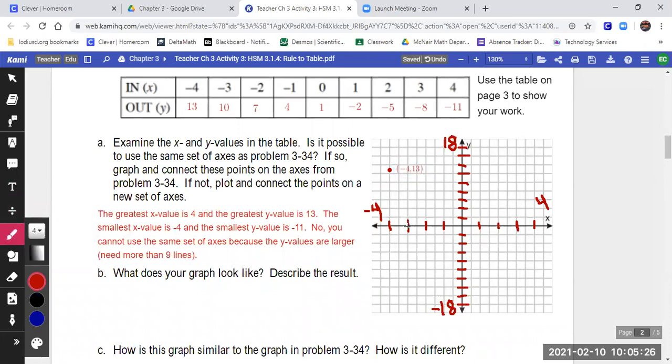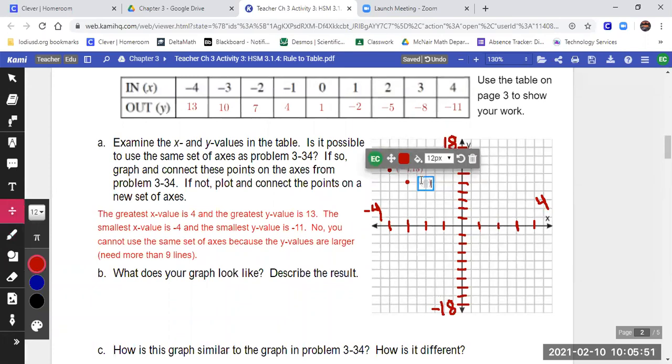-3 what? -3, 10. 10 does go by 2, so yay. 2, 4, 6, 8, 10. Gets to go right in the corner. Okay.